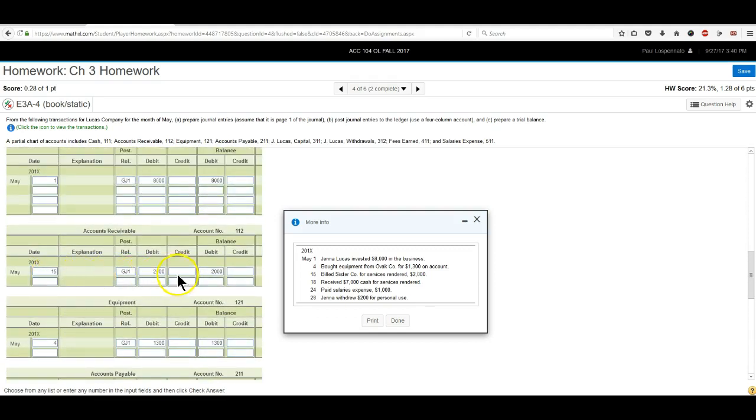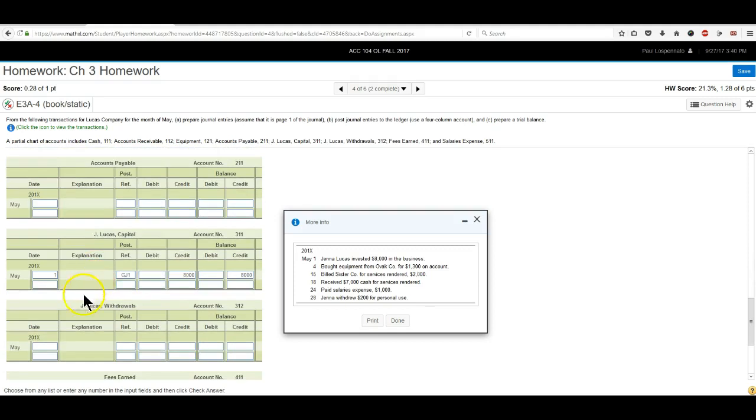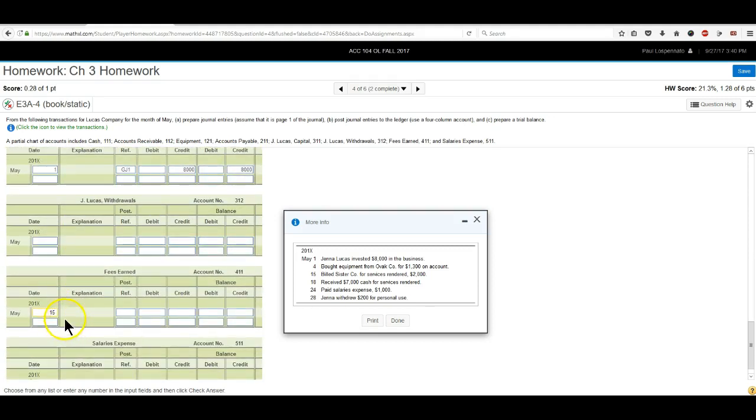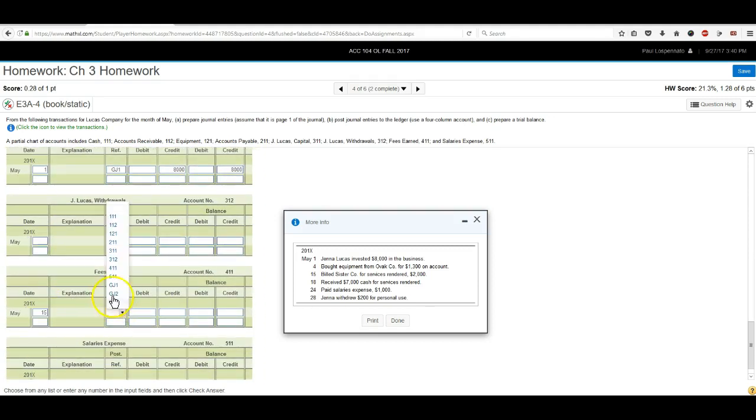Yeah, so I already debited the $2,000 there, so I got to come down and credit into the fees earned account, again coming from journal page 1, and the credit entry which was recorded in the journal now goes into the account itself, establishing a $2,000 balance in that account.